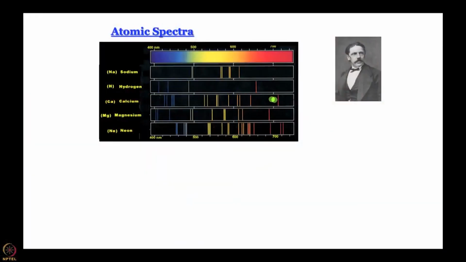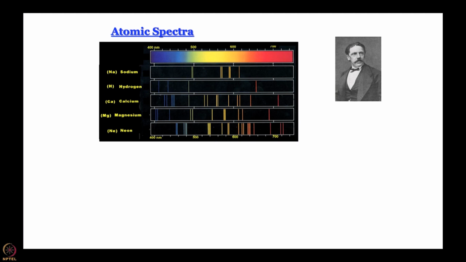This is how spectra would look in that arrangement. The color has been added to help us understand it more realistically, but actually these are all black and white photographs. Here you can think the x axis is your wavelength, and wherever we see a line, that is the energy or wavelength corresponding to which emission has taken place.